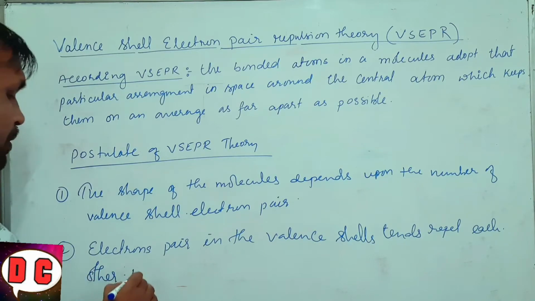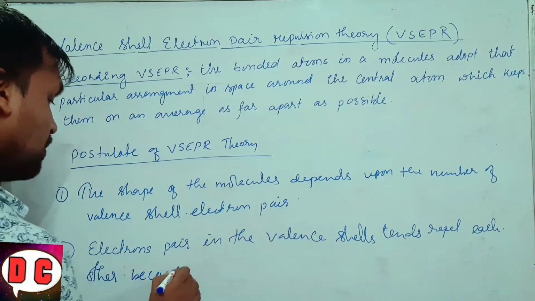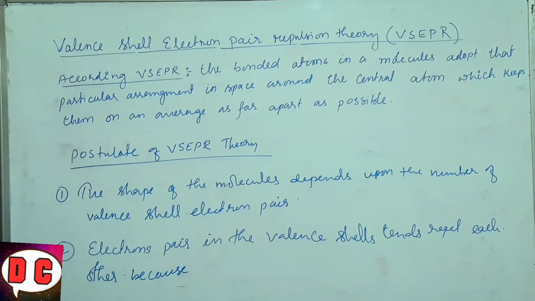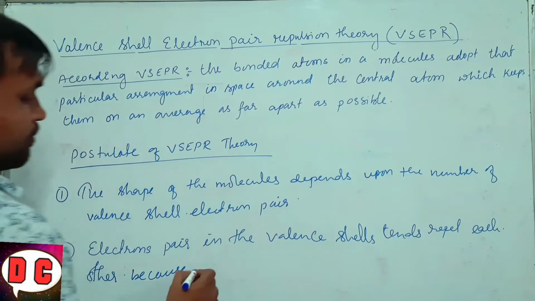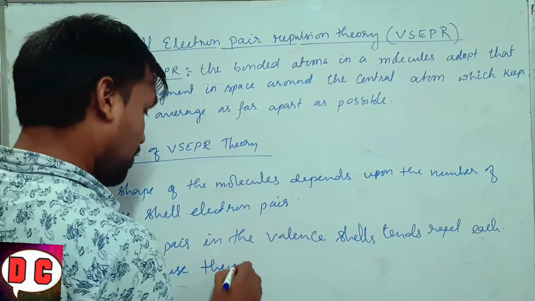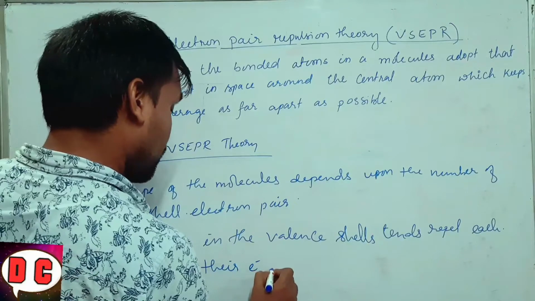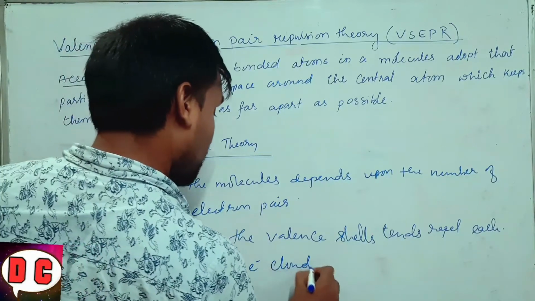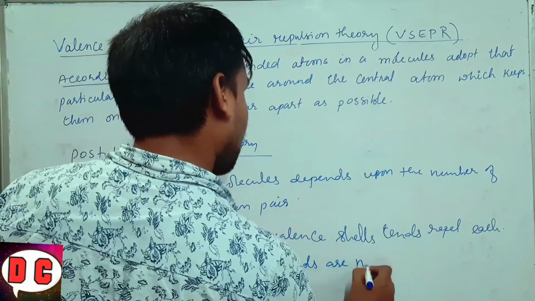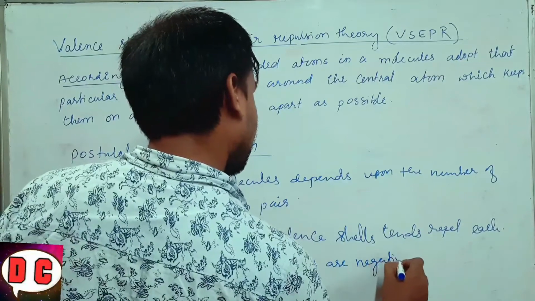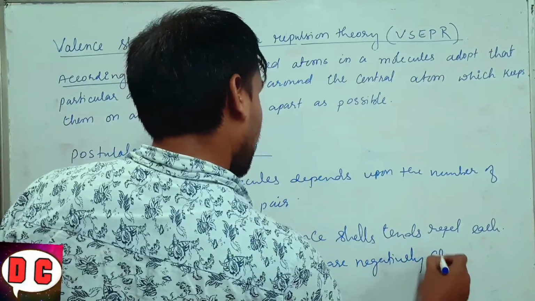Why do they repel? Because their electron clouds are negatively charged; the electrons present in the outermost shell are negatively charged.